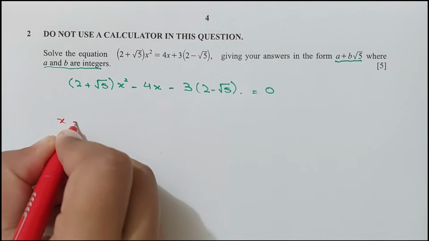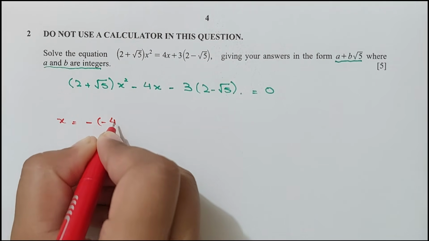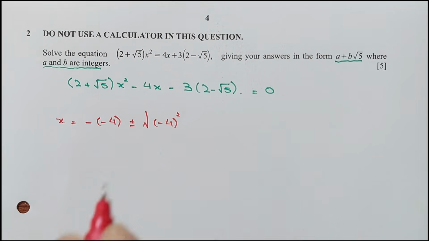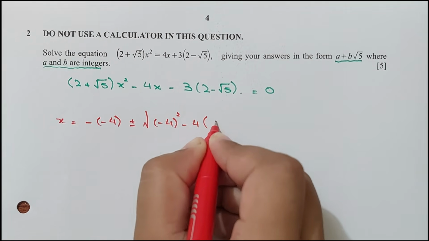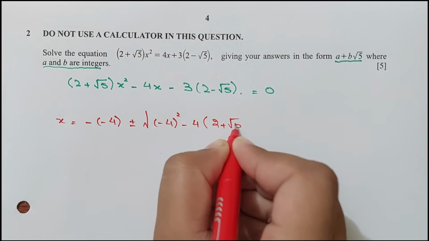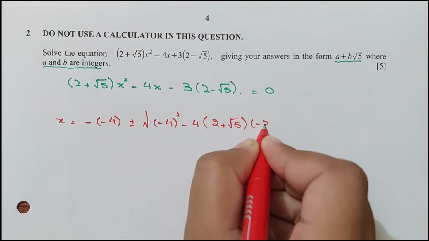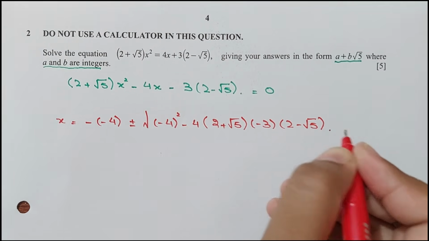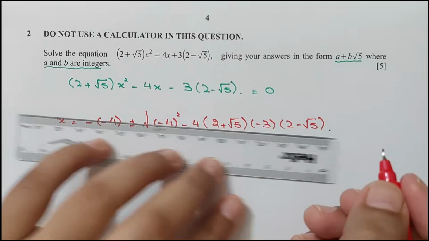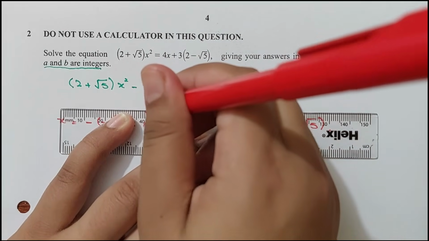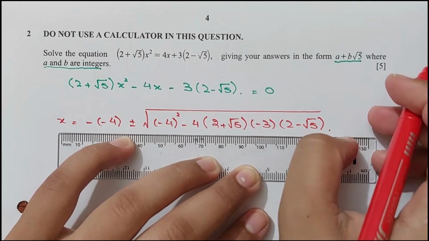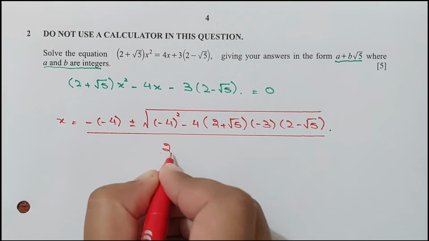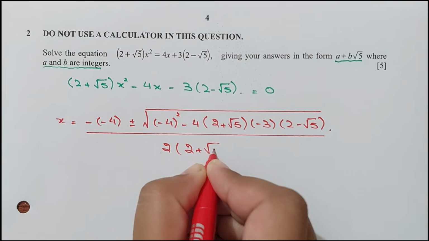So x equals negative of the b value, which is 4, plus or minus the square root of b squared, which is 4 squared, minus 4 times the a value, 2 plus square root of 5, times the c value, -3 into 2 minus square root of 5, and this whole thing is divided by 2 times the a, 2 of 2 plus square root of 5.